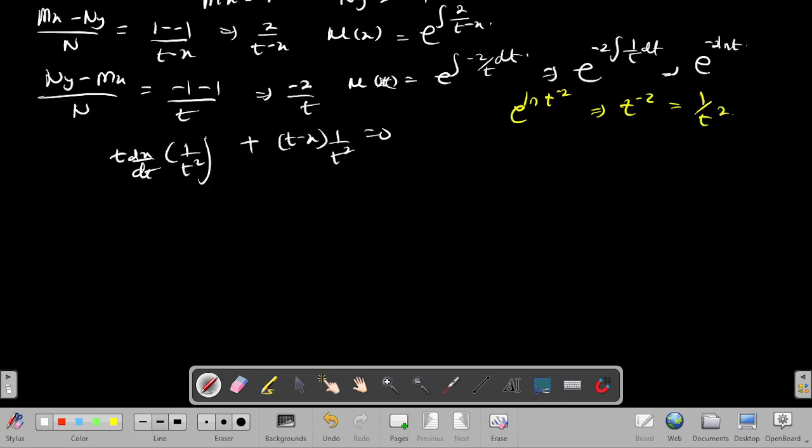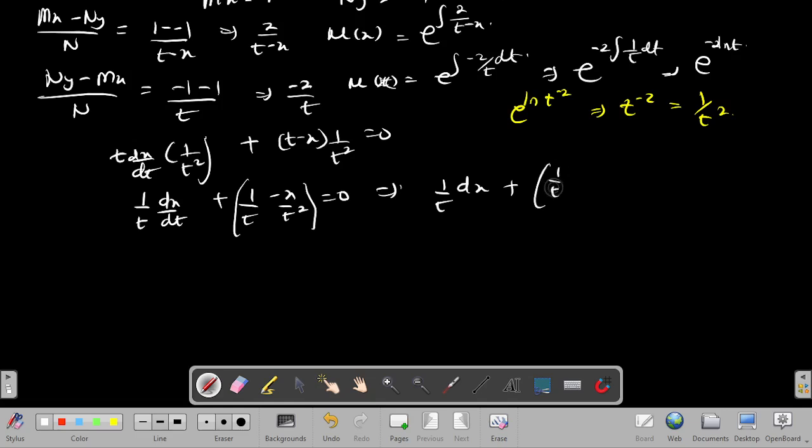When I simplify this expression, t will cancel one t, so I'll have 1 over t dx plus, here I'll decompose it, t over t squared, that will give me 1 over t, and I'll have negative x over t squared, equal to 0. Let me put brackets. Therefore, decomposing, I'll have 1 over t dx plus, in brackets, (1 over t minus x over t squared) dt is equal to 0.